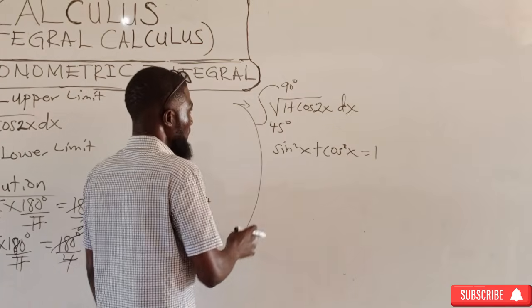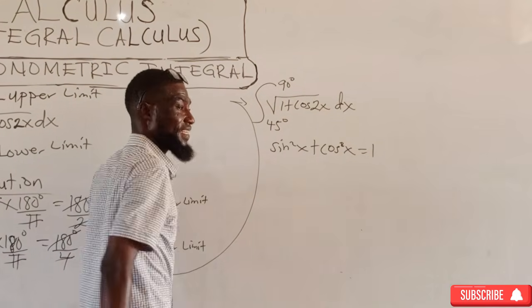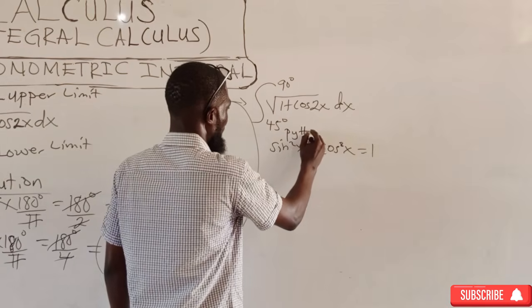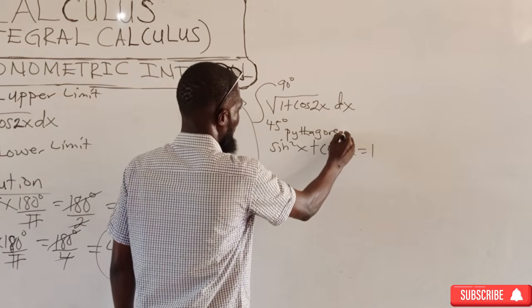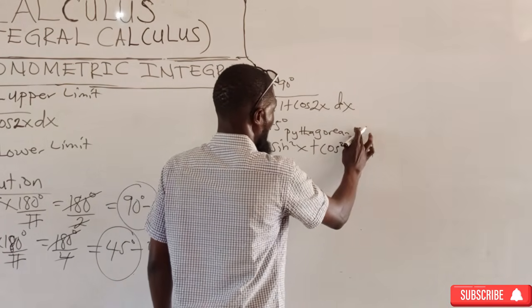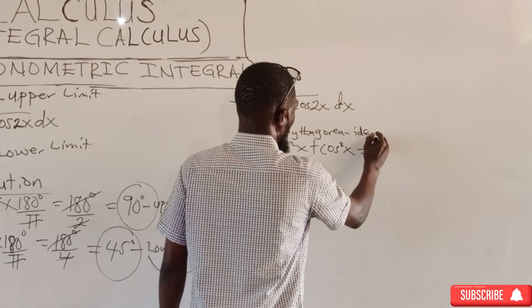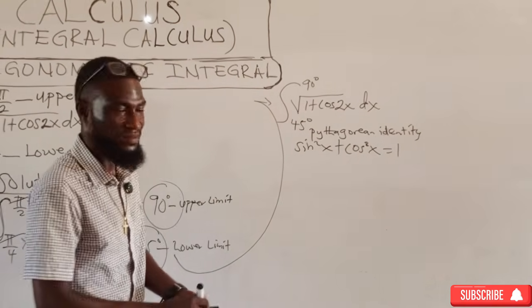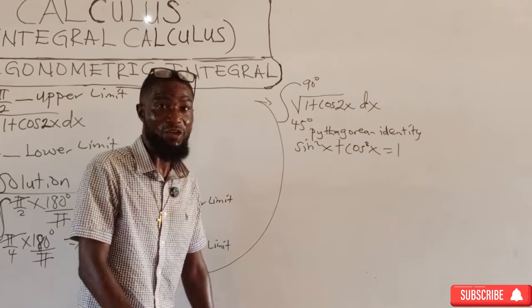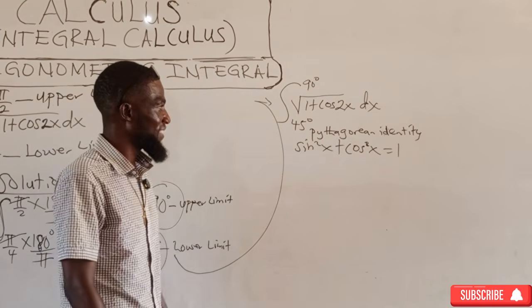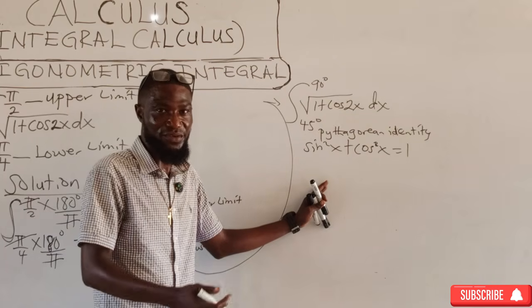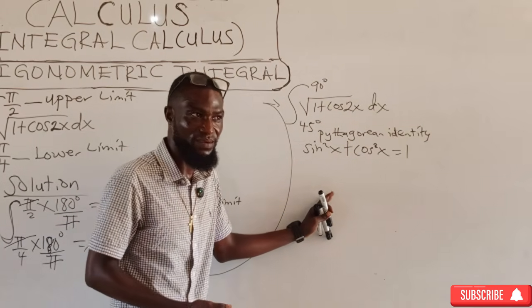Remember, this is the identity that we'll be using, called the Pythagorean identity. This identity was associated with one of the greatest mathematicians, Pythagoras. He made a contribution to the Pythagorean theorem, which is c squared equals a squared plus b squared.